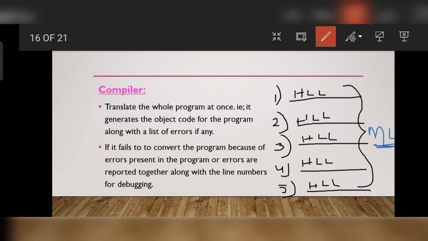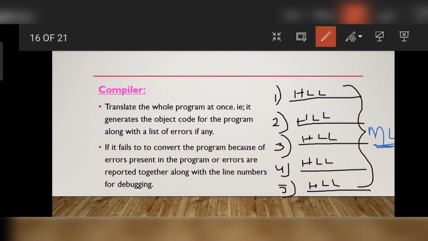If there is any errors in the program instructions, then the compiler will fail to convert the program into machine level language code or the object code. Okay, then it will fail to convert the high level language instruction codes into the machine level language code or the object code.